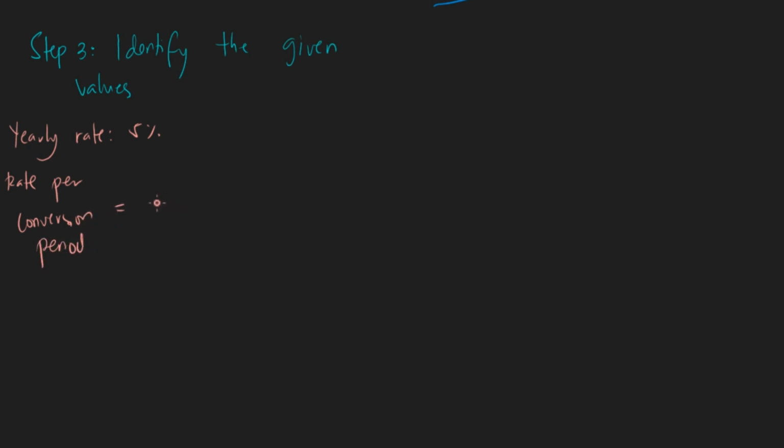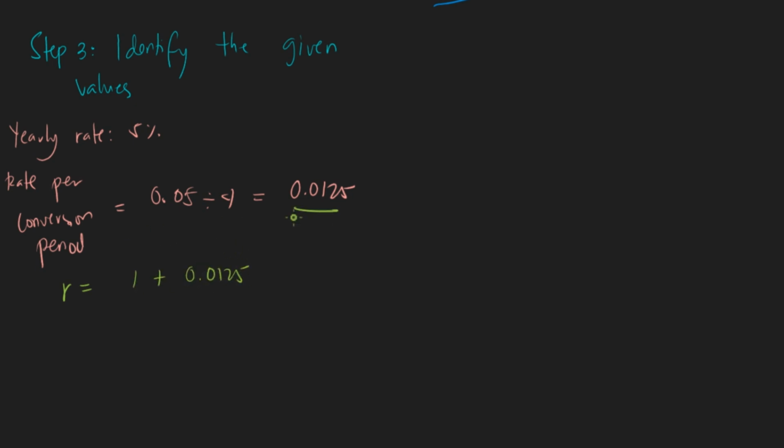So we need to divide 0.05 by 4. So therefore, our rate per conversion period is 0.0125. With that in mind, we know that our common ratio will be 1 plus 0.0125.